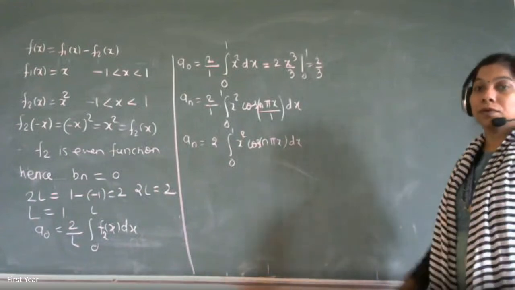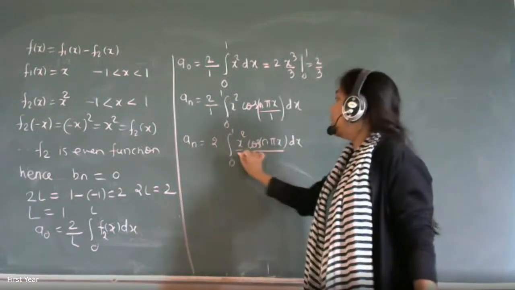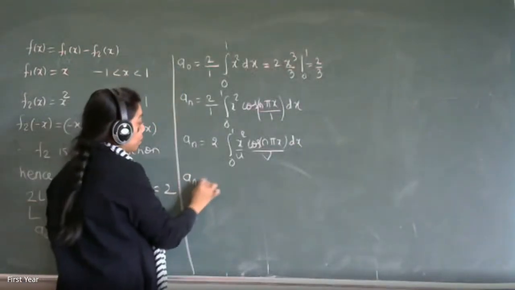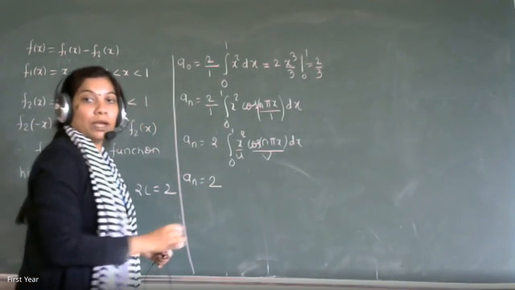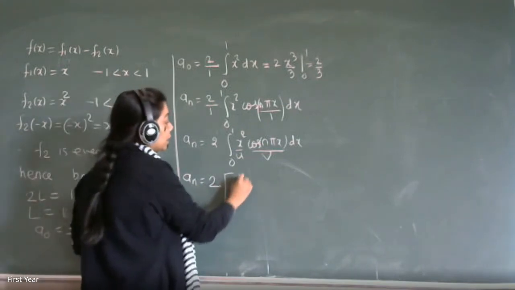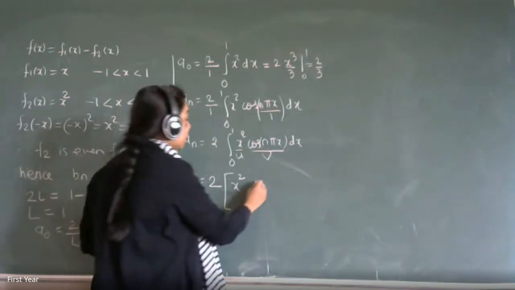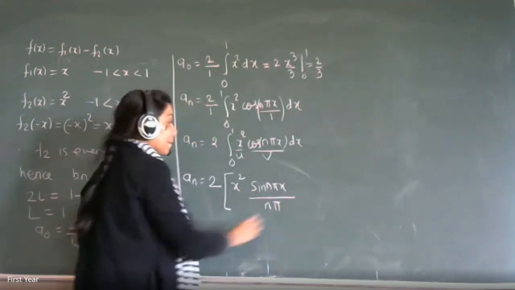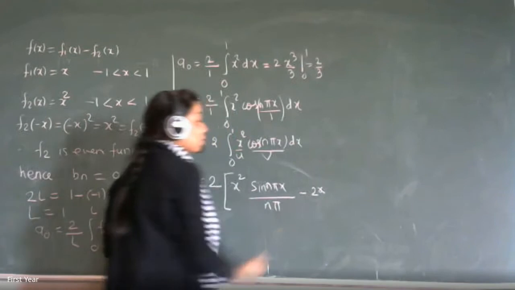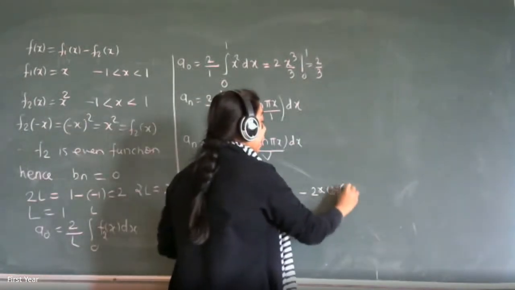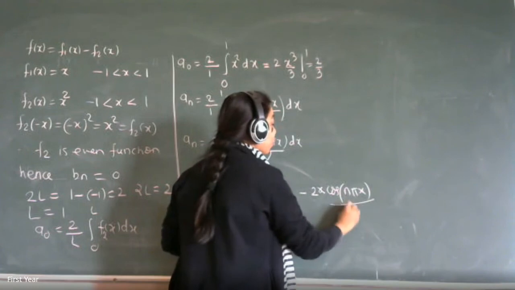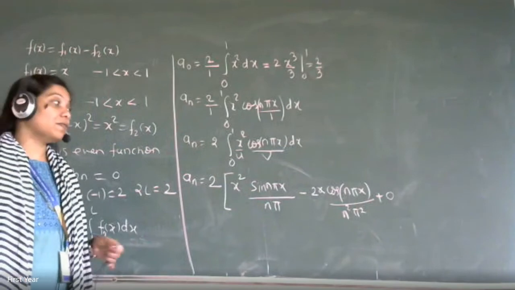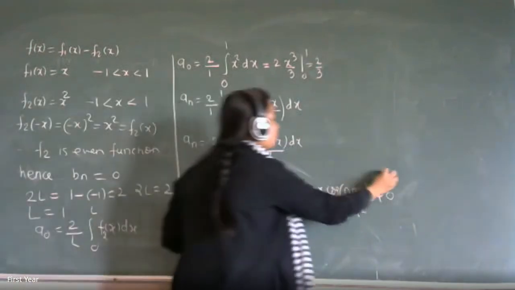Okay, so you are going to use Bernoulli's formula. x square is u, cos n pi x is v, and we will get an equal to 2 times: x square, the integration of cos n pi x is sin of n pi x upon n pi, minus x square's derivative 2x, times the integration of cos, that is minus cos of n pi x upon n square pi square. Then I'm writing plus 0, because it will have sin of n pi x, which will have to be evaluated from 0 to 1.